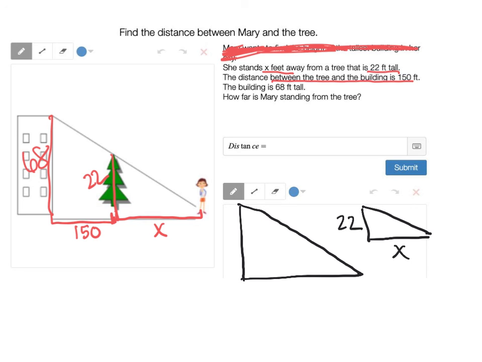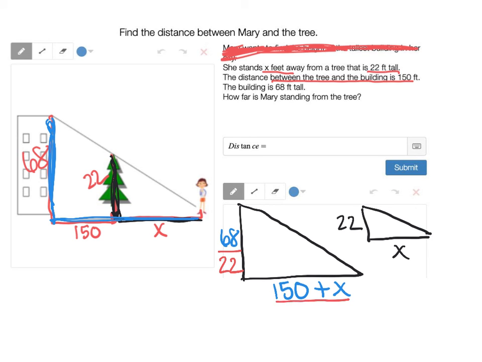The smaller triangle is this 22 over X. The bigger triangle is this 68 and then this whole side, which is represented by 150 plus X. So when I compare these, 68 is going to compare with 22, the same way 150 plus X compares with X. So 68 over 22 equals 150 plus X over X. And I'd be able to cross multiply and solve. And that's it.